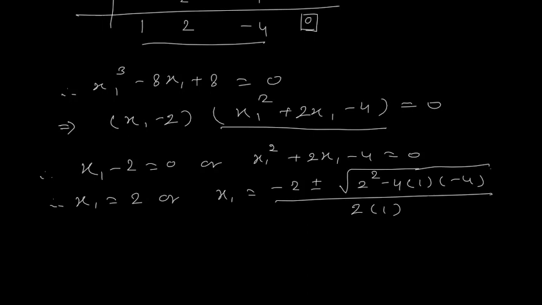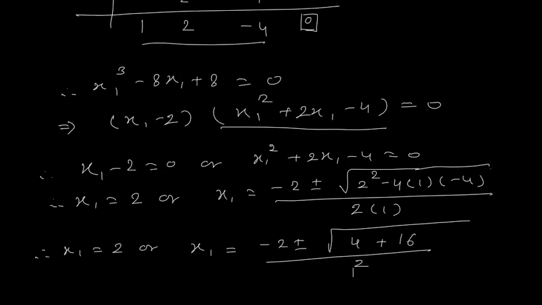So therefore we have x1 equal to 2, or we have x1 equal to minus 2 plus or minus root of this 2 square is 4 and plus 4 4s are 16, whole divided by 2.